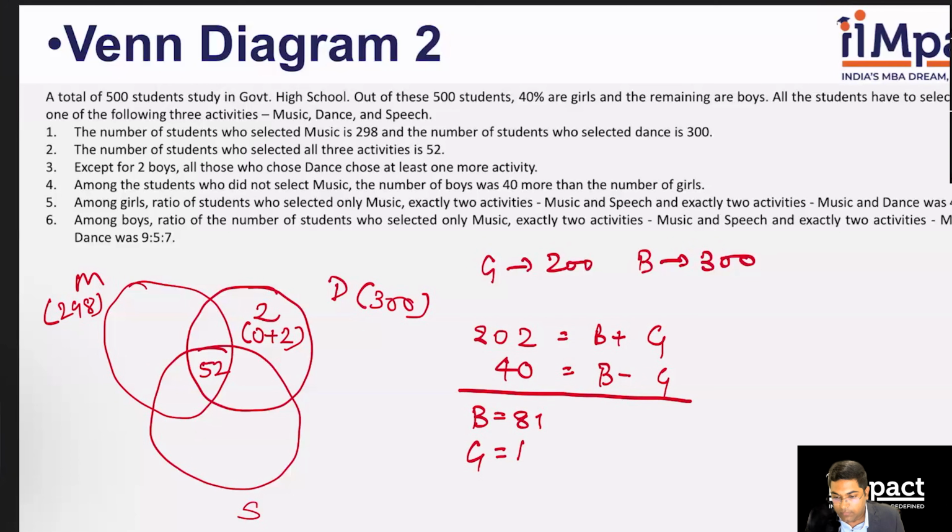Guys, we know total students is 500. We know 298 have chosen music. The clue is telling me the people who have not chosen music, which is 500 minus 298, which is 202. Is it clear now?